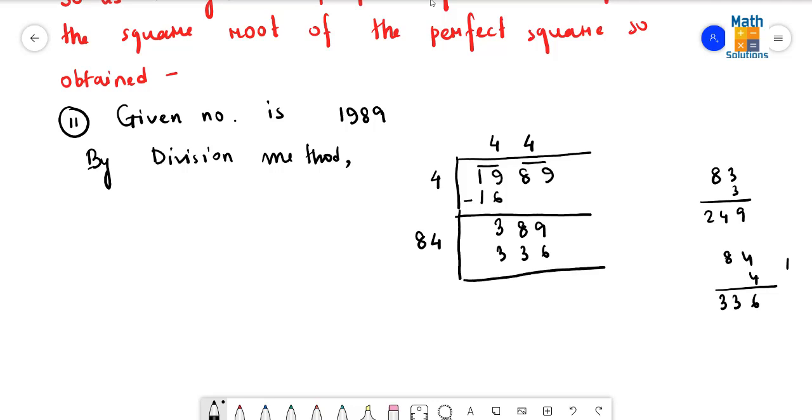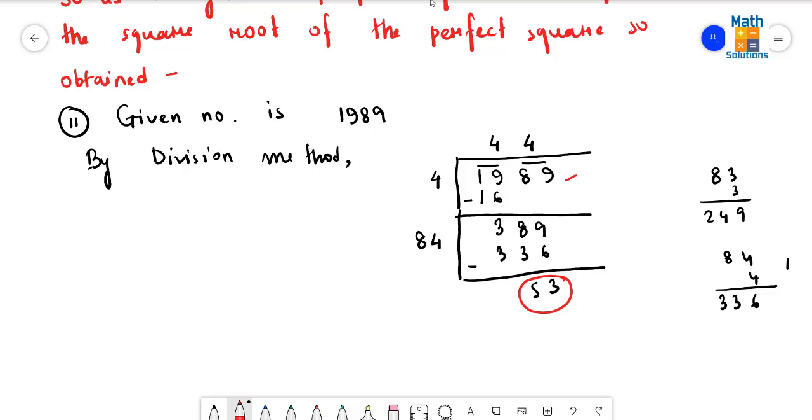When we perform subtraction, we shall be getting 3 here, then this is 5. So here in this case we see that 53 comes as the remainder. Means had this number not been there with this one, this could be a perfect square.